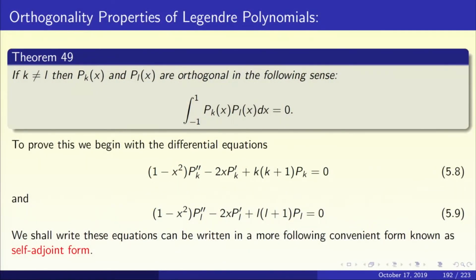So pk satisfies the Legendre equation. So that is display 5.8 in the slide. Similarly, pl satisfies the Legendre differential equation, that is the display 5.9 in this slide. Now let us combine the first two terms in the differential equation, and let us write it in a more convenient form called the self-adjoint form.